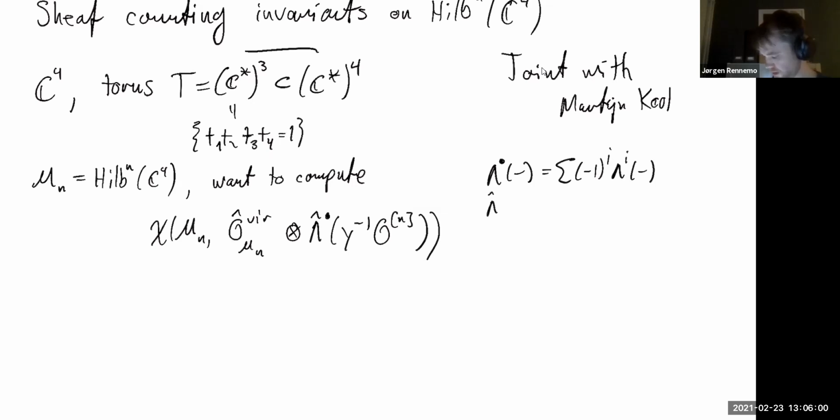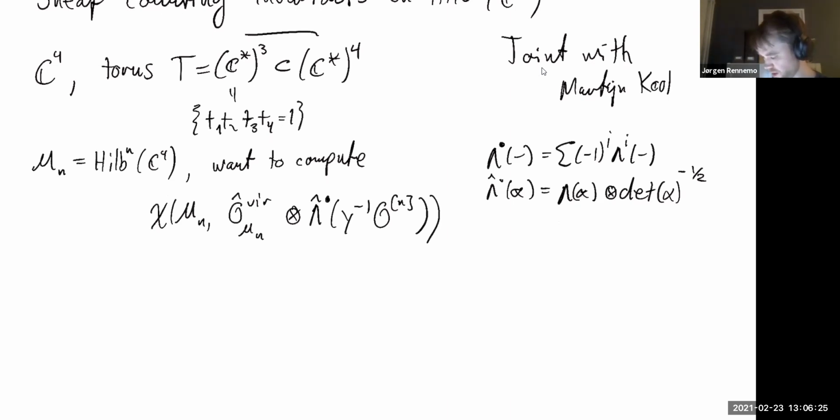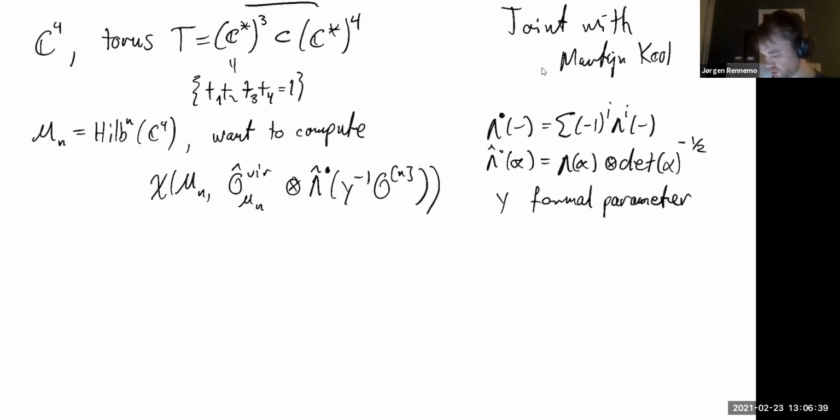If I put a hat on anything, it means I want to symmetrize it, which means tensor with the inverse square root of that alpha, making it more symmetric, and y here is just some formal parameter. That's the notation used in defining that object.